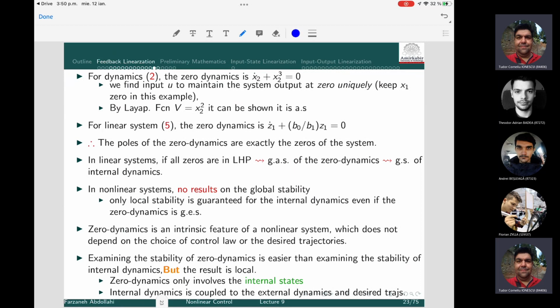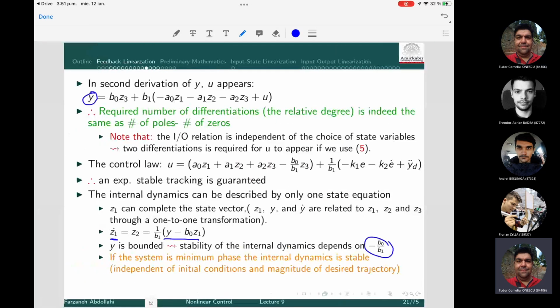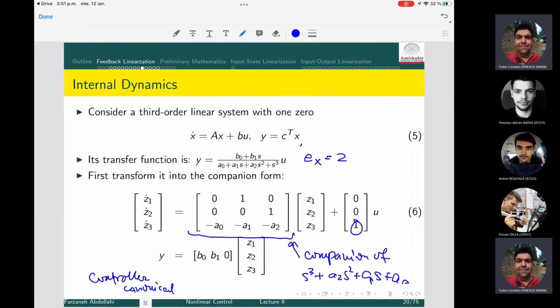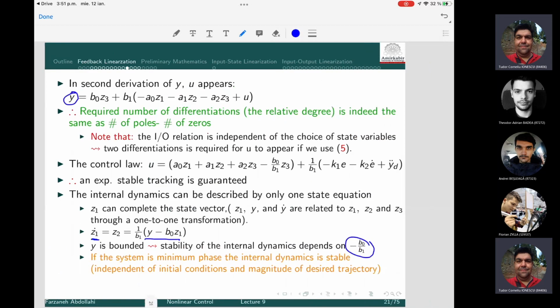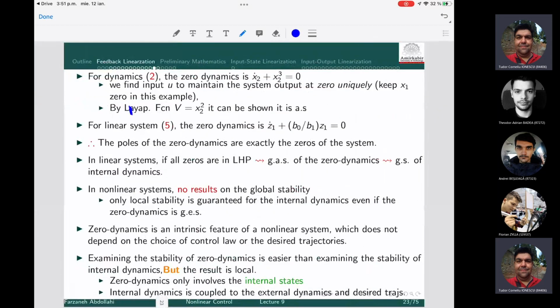By the Lyapunov function V equals x2 squared, it can be shown that this is asymptotically stable. For the linear system 5, which is a third order linear system, the zero dynamics is z1 dot plus b0 over b1 z1 equals 0.